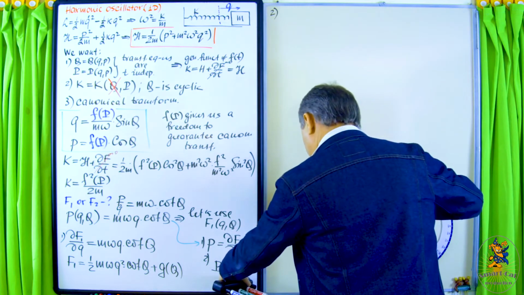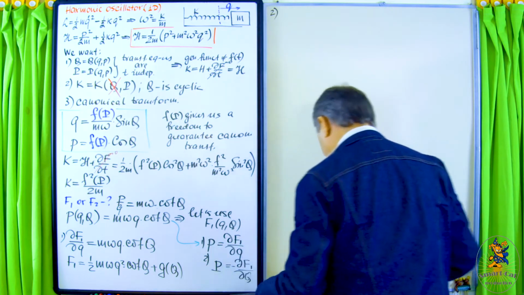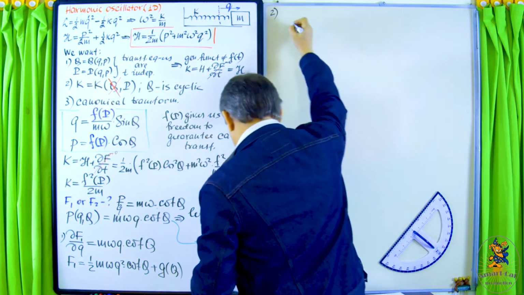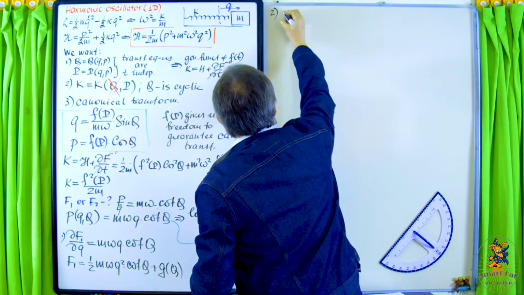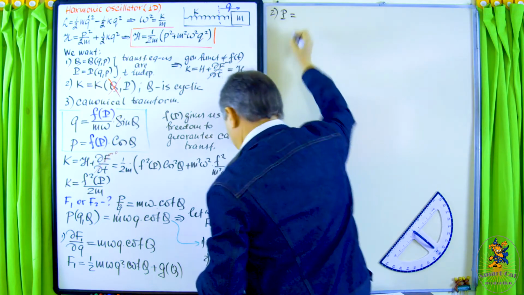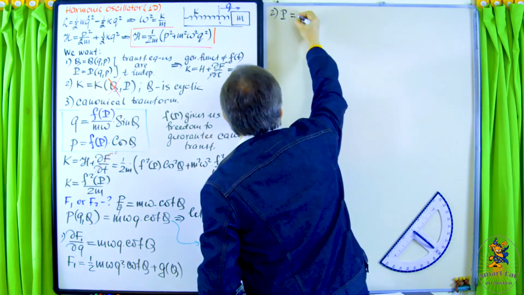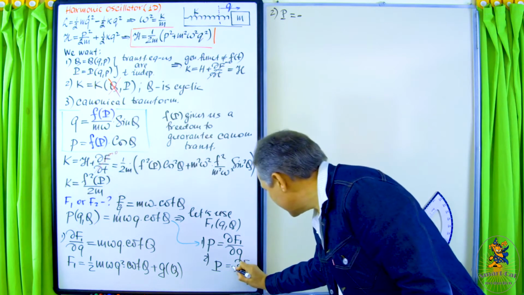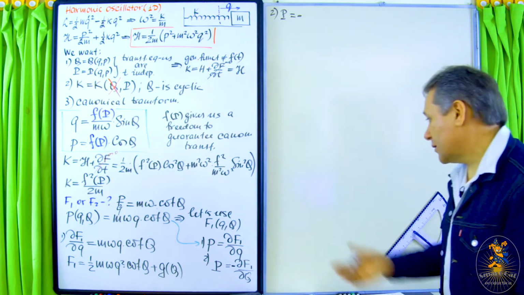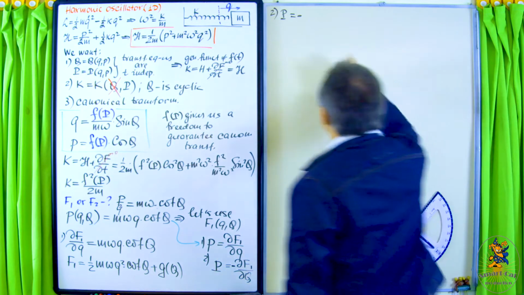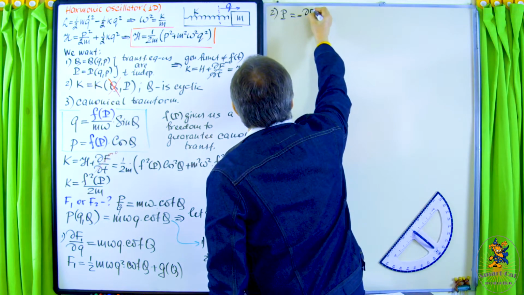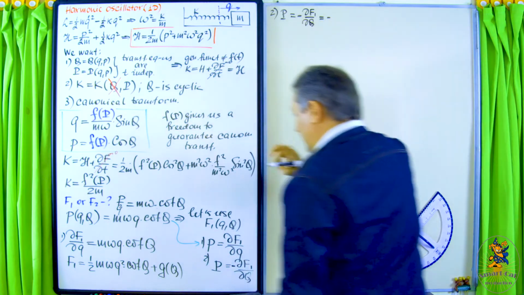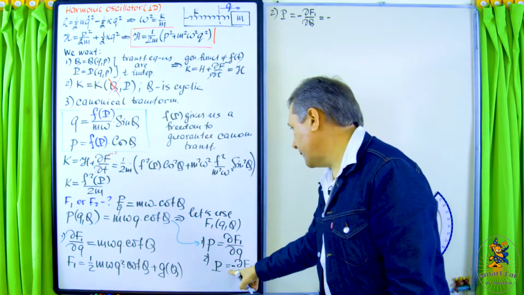So, p capital equals minus in front. Quite often I forget about this minus. So we just need to differentiate minus df1 over dq capital, so minus from the formula.